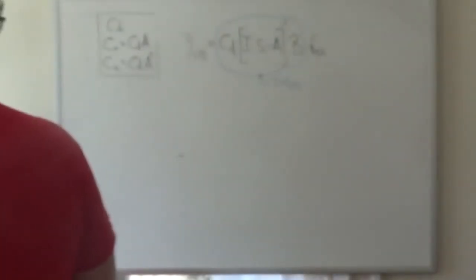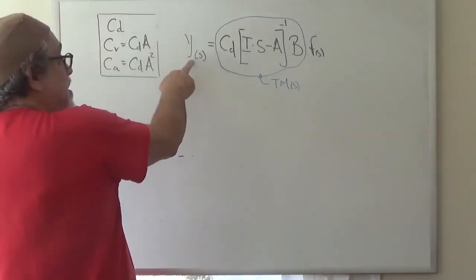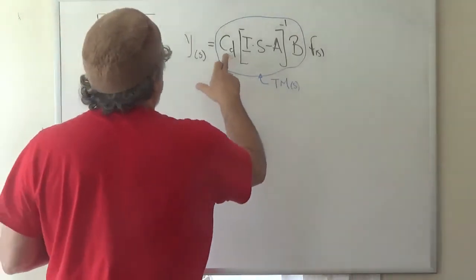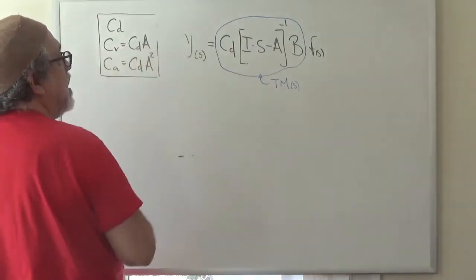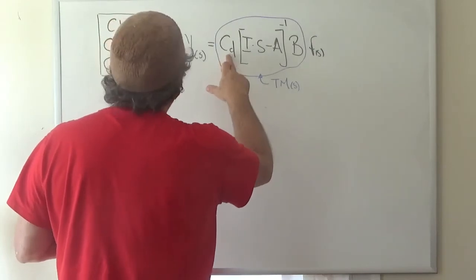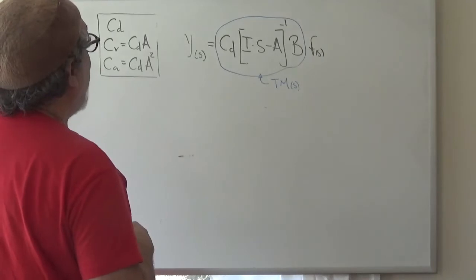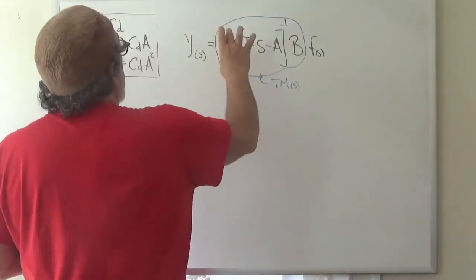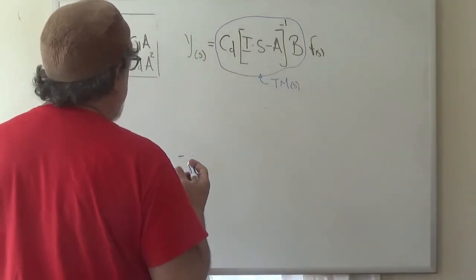Now, that transfer matrix here connects displacements to forces. There are many times where I may not be able to measure displacements, but I could only measure velocities. And much more likely, I could not measure displacements or velocities, I could only measure accelerations. So what we would like to do is to express this formula so that it doesn't matter what we measure, the formula will apply.